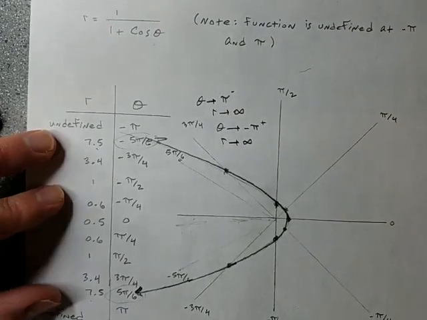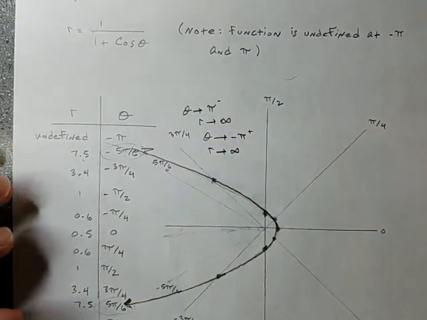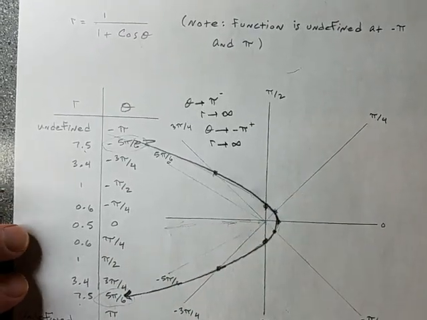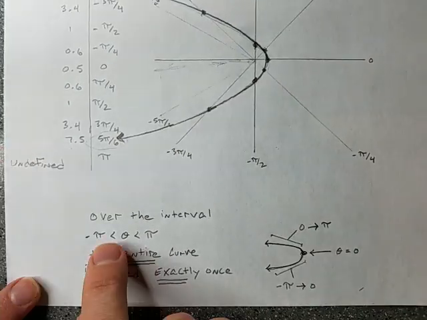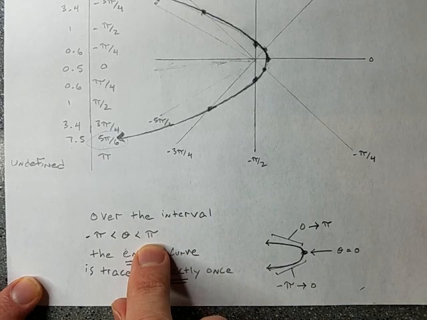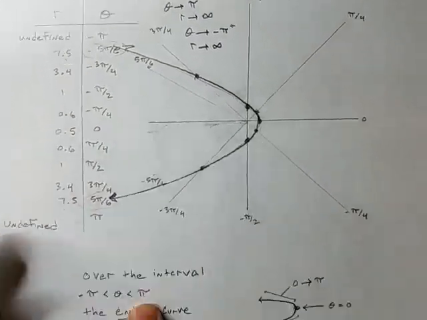There are the points. There's the overall trend on the table. The points confirm the shape that we have. And we can see that we get all the points by working our way from here over to there. And we get the whole thing.